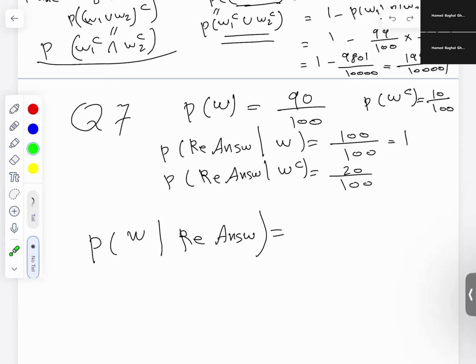So the question is asking this one. If you write this one, you have done 50% of the work. Okay. After this, let's stick to the definition of conditional probability: working intersection return answer.